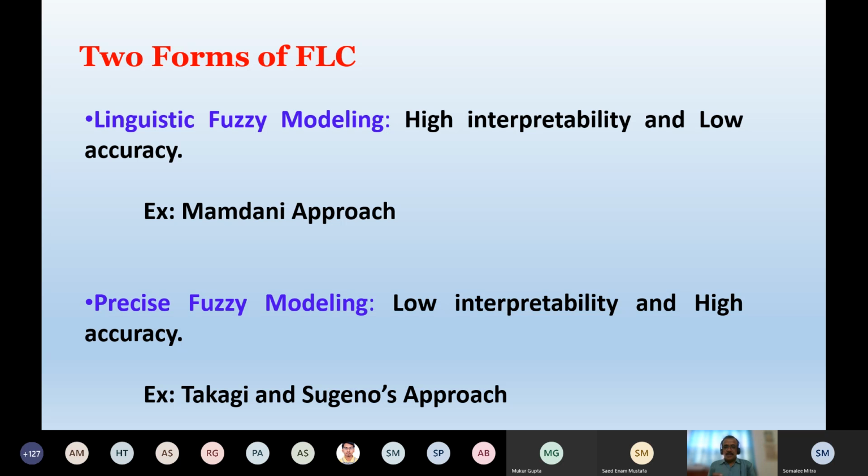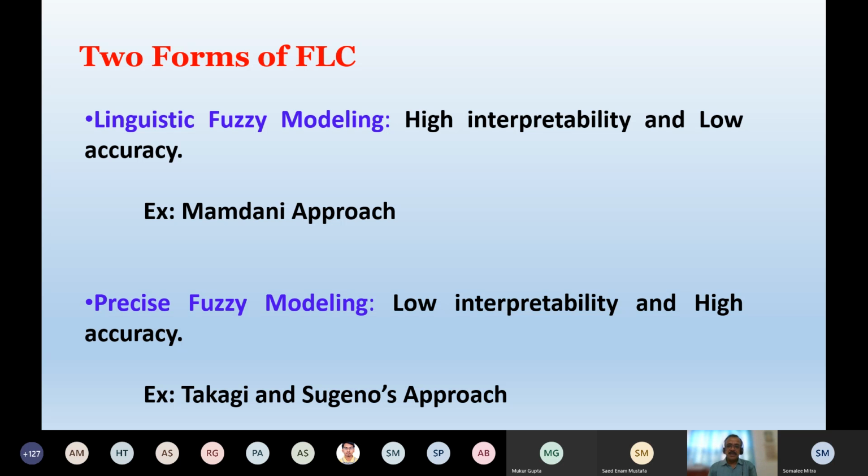And here, the values of the coefficients A0, A1, A2 will be determined using some optimization tool like genetic algorithm or some other tool, with the help of some already collected training data. So there is every possibility you'll get high accuracy.